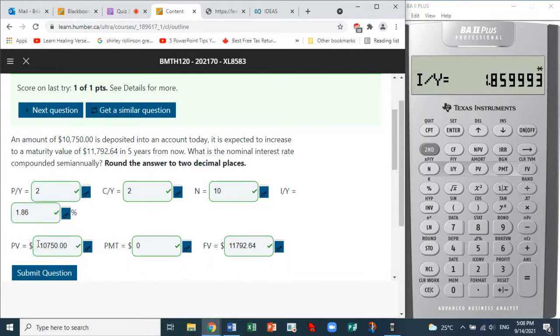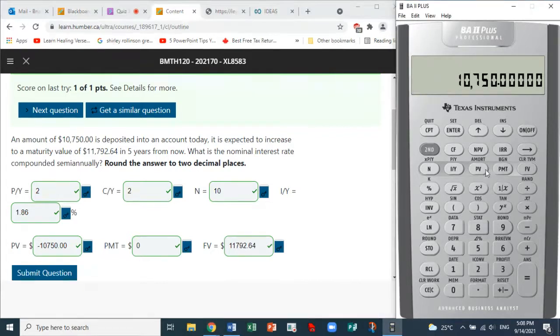Now, one caution: this negative is important on the present value. It has to be there, or on the future value. I will demonstrate what happens if we put PV in as positive, and the future value is also positive, and you go to compute I/Y. You see, you get an error.